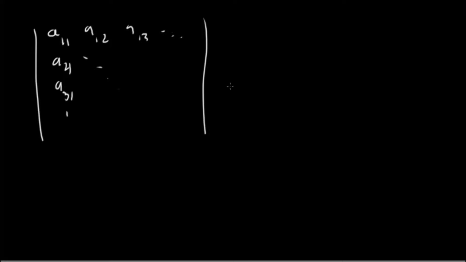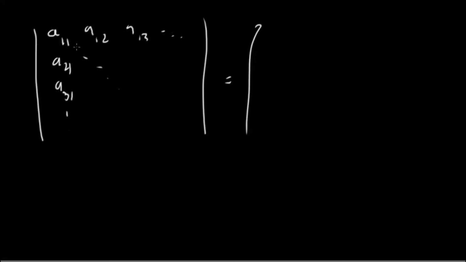So if I have some arbitrarily sized matrix, a11, a12, a13, and then a21, a22, a23, and so on, and I have this matrix here.